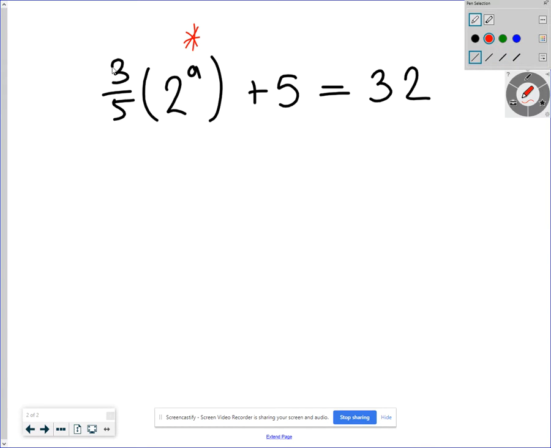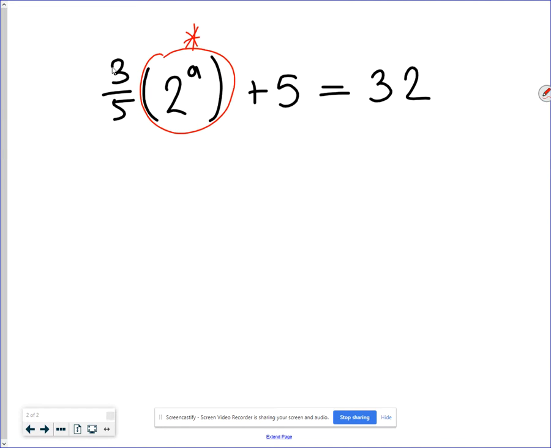So what we want to do is get the exponent by itself. Well, not the exponent by itself, but eventually I do want to get the a by itself. First I want to get my power by itself.